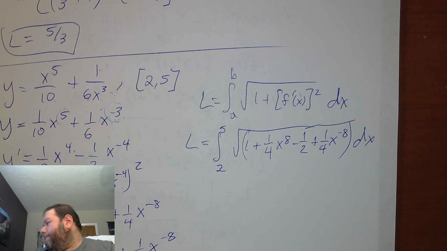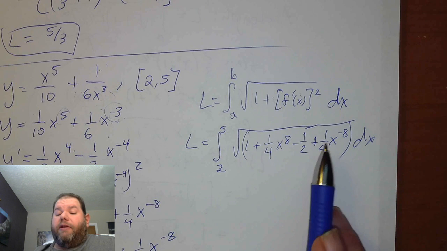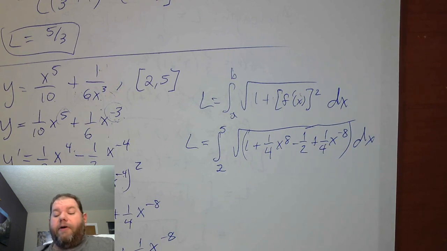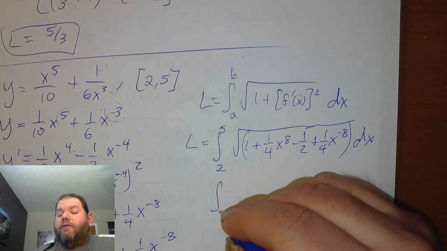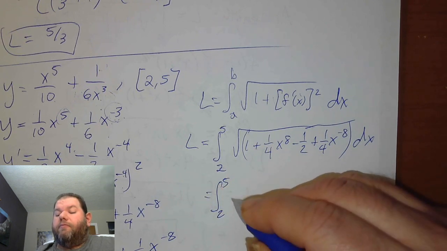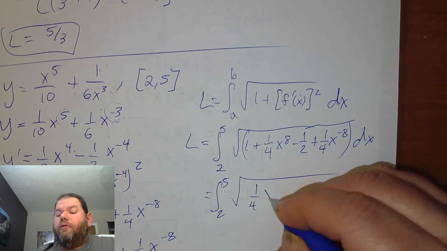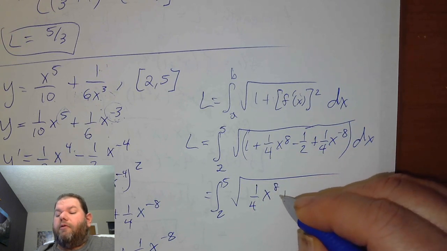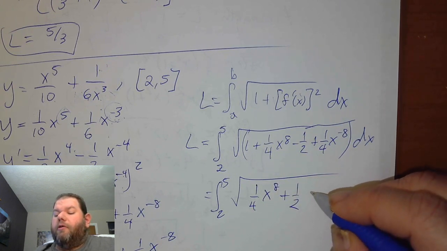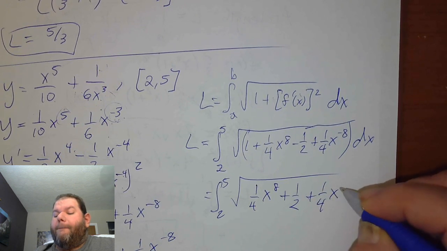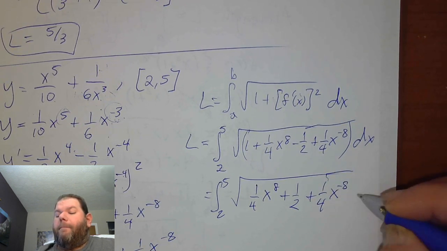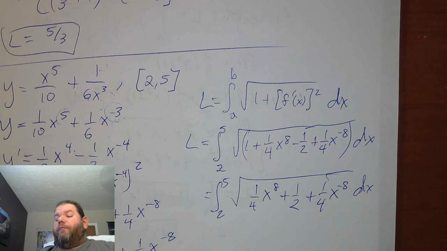Now, we have a 1 and we have a negative 1/2, which actually combine to give us a positive 1/2. So we combine our like terms, and now from this point there's a couple of different paths we can follow.